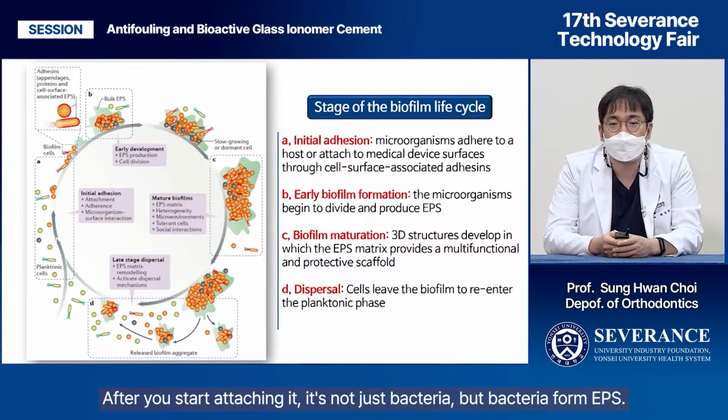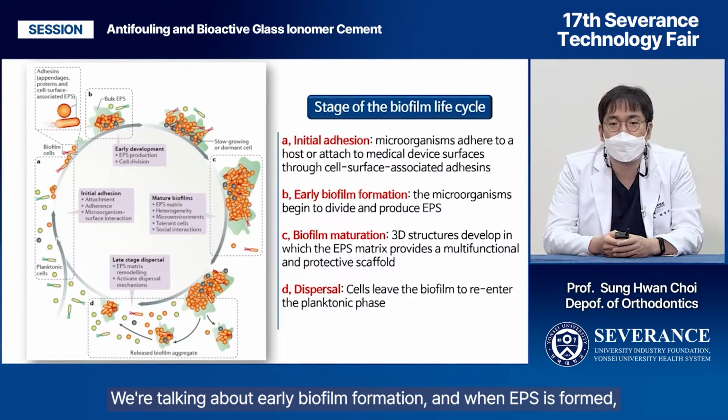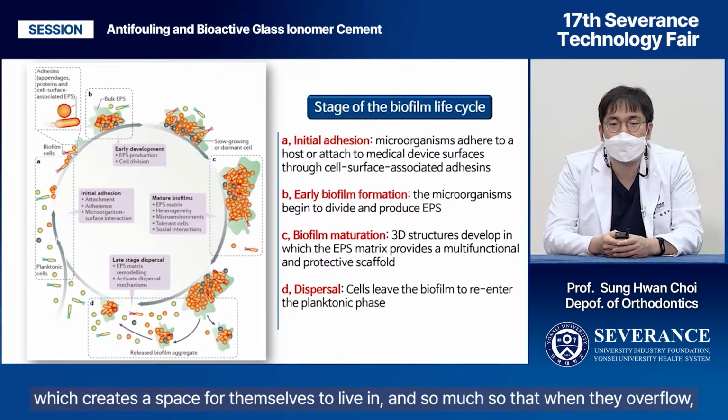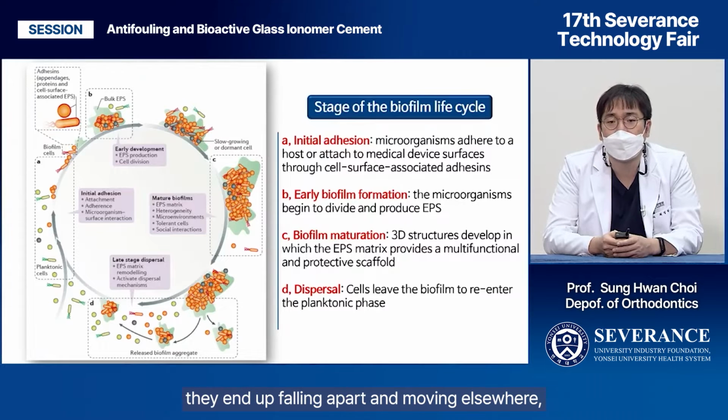After they start attaching, it's not just bacteria, but bacteria form EPS. We're talking about early biofilm formation, and when EPS is formed, EPS themselves create a three-dimensional 3D structure, which creates a space for themselves to live in, and so much so that when they overflow, they end up falling apart and moving elsewhere, so that we can observe biofilm's life cycle well.